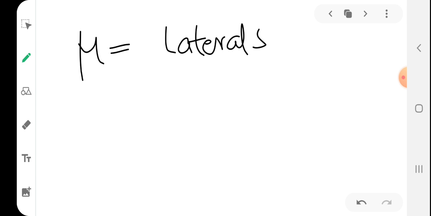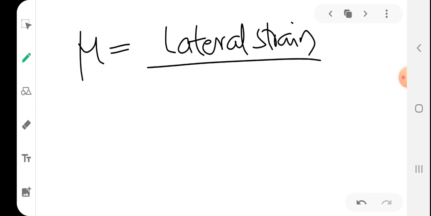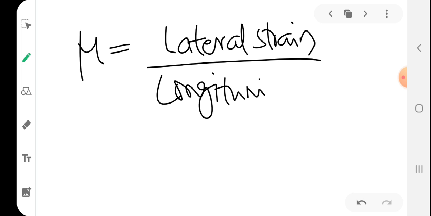So students, in the previous session we discussed the idea called Poisson's ratio mu. Mu is nothing but lateral strain by longitudinal strain, right?